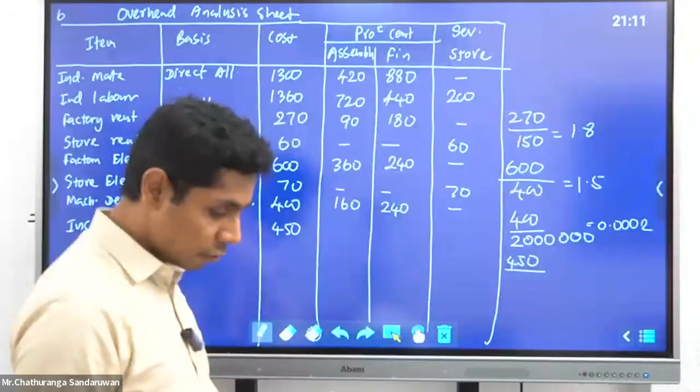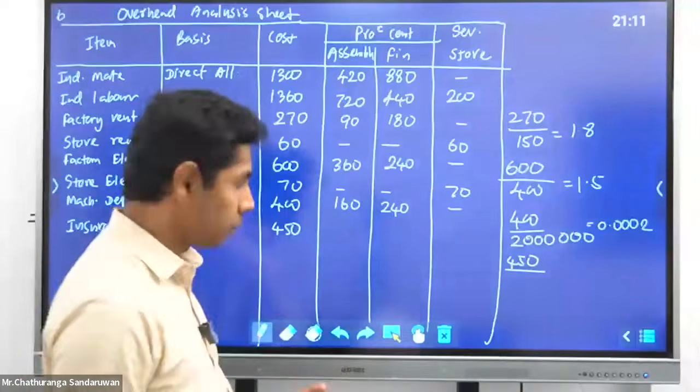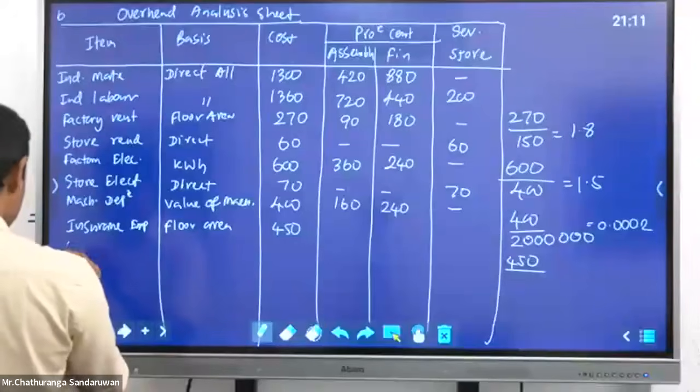You can say machine depreciation, or else you can say insurance expense of the, shall we keep it for a while? Keep it.